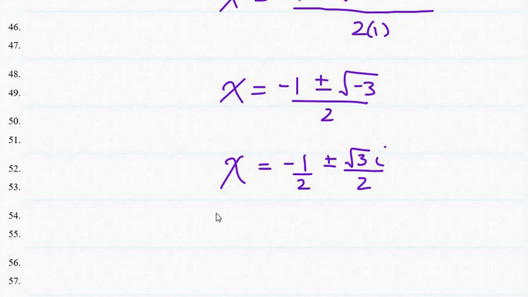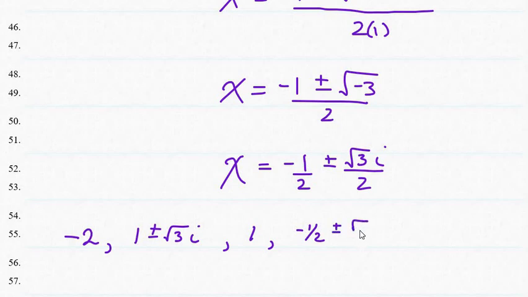So what were our solutions? We had negative 2, our first one, and then 1 plus or minus the square root of 3 times i, and then this last one we had 1, and now right here we have negative a half plus or minus the square root of 3 over 2 times i.